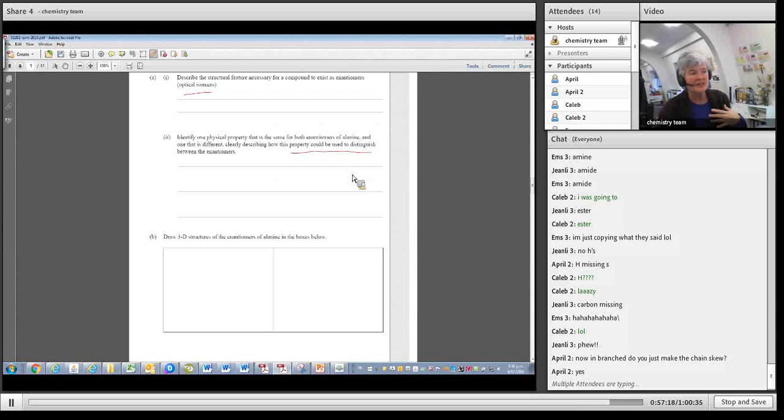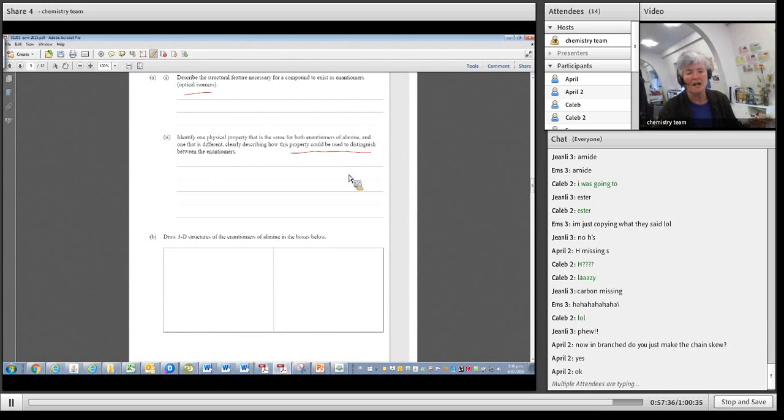You could say rotate the plane of light, but it's better to say polarized, because you have to polarize the light first, and then that plane gets rotated. So don't just say it rotates light. You won't get anything for that. So it's got to rotate the plane of polarized light the same amount but in different directions.